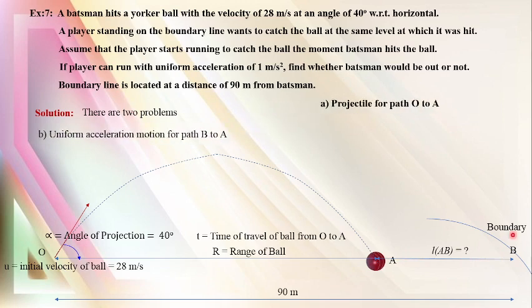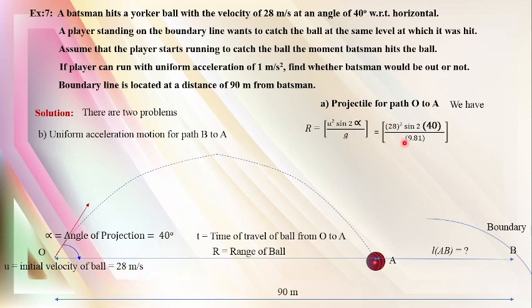So let us first analyze the path O to A, that is the path traced by the ball which was hit by the batsman. Here we need to know the range as well as the time. This is a pure projectile motion where the point of projection and point of landing are at the same level. So in that standard case, we have the standard values: R is equal to U squared sine of 2 alpha by g, and here alpha as well as U is given.